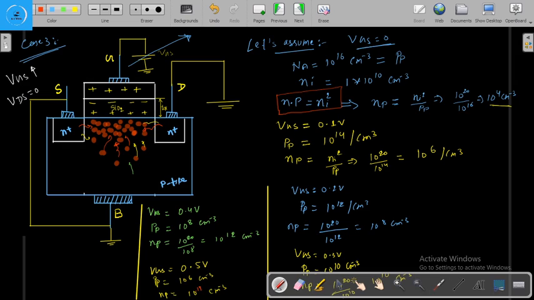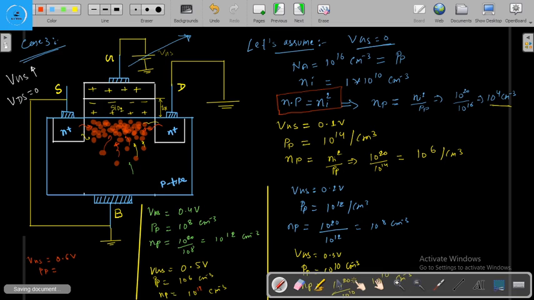Now let's see another case. Let's assume the VGS is again increasing, and it goes to 0.6 volt, and again the concentration of the electrons will be increasing near the SiSiO2 interface, and the concentration of the holes near the SiSiO2 interface is decreasing.